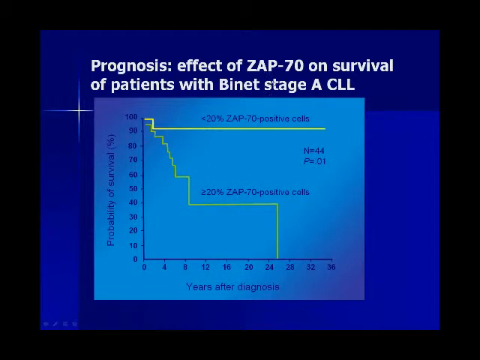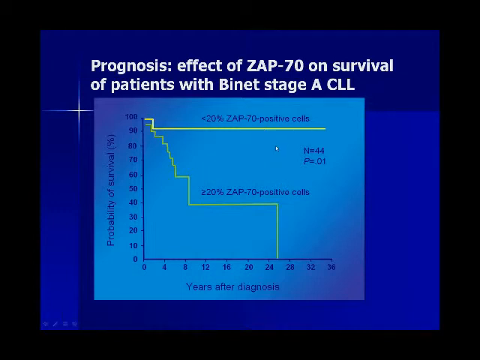ZAP70, if you go on websites or read blogs, you'll almost certainly see this thing called ZAP70. This is the zeta-associated protein, and in some of the publications, it looks to be a very useful test. Patients who are ZAP70 negative or less than 20% positive cells have a very good prognosis, very good survival, whereas patients with lots of these cells tend to not do quite as well.